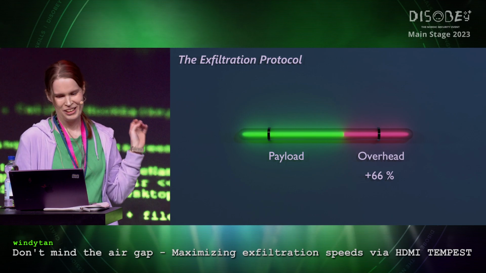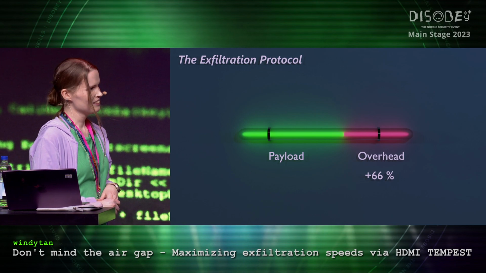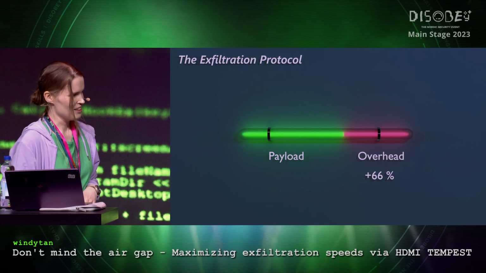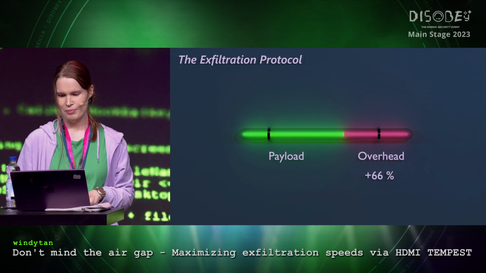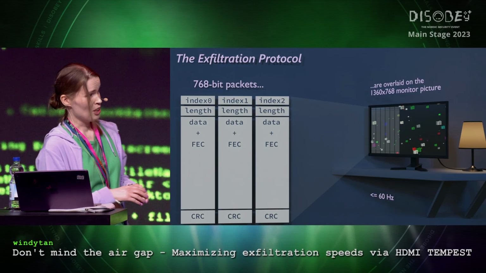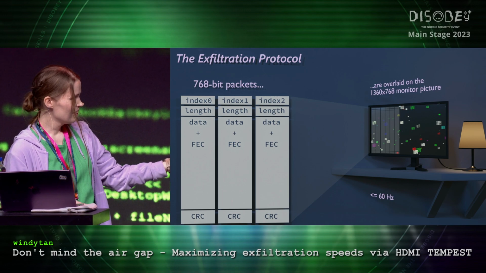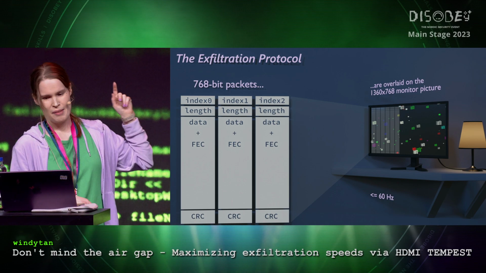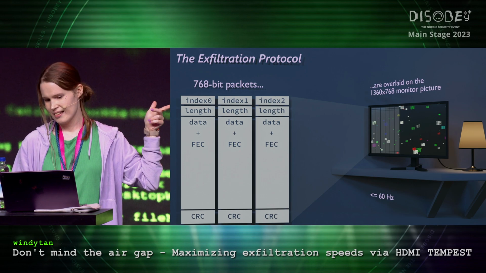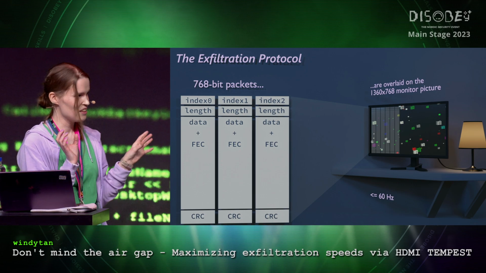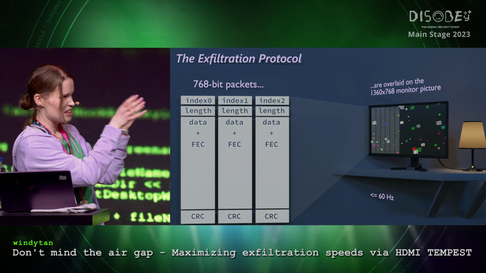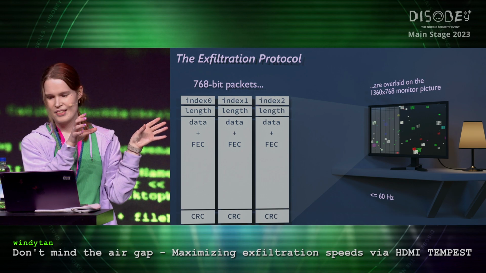Here is an illustration of the overhead. But I mean, it's doable. So they run from up to down. My display happens to be 768 high, so I made 768 packets, so I can nicely put them next to one another.